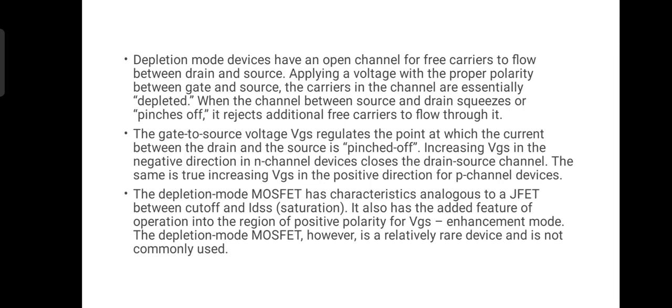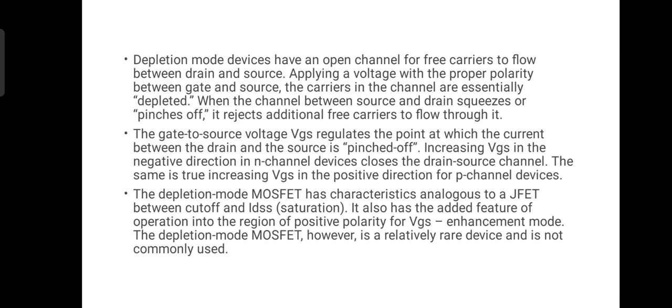Depletion mode devices have an open channel for free carriers to flow between drain and source. Applying a voltage with the proper polarity between gate and source, the carriers in the channel are essentially depleted. When the channel between source and drain squeezes or pinches off, it rejects additional free carriers from flowing through it.